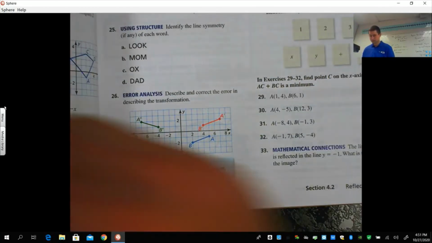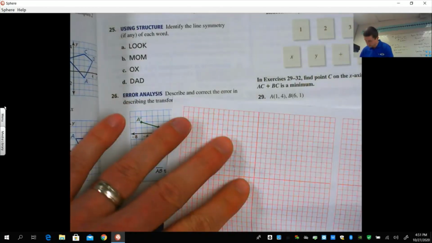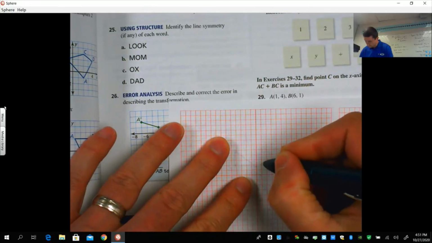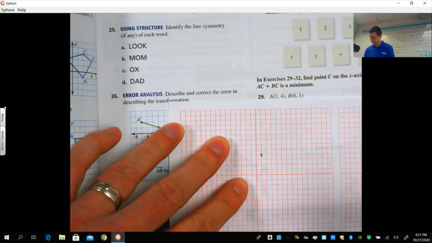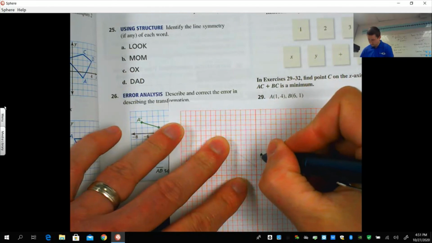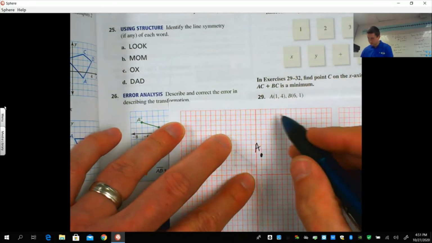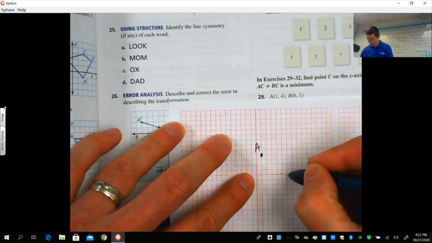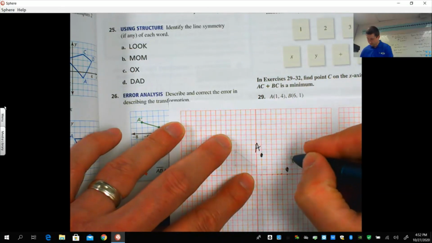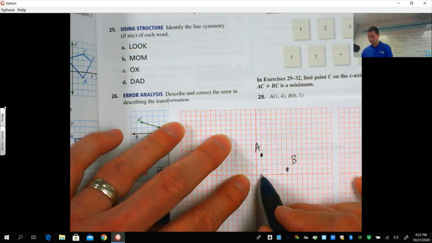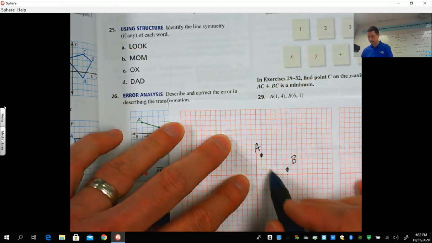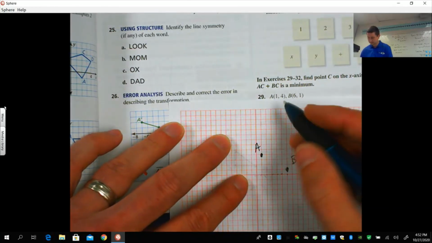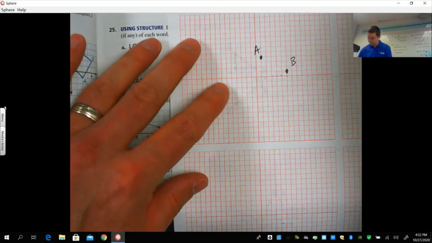So if I have points at 1, 4, 2, 3, 4. That's the point A at 1, 4, and point B at 6, 1. 1, 2, 3, 4, 5, 6, 1. They want us to find point C along here that makes A to C plus B to C the shortest distance. We're going to have to reflect A over.